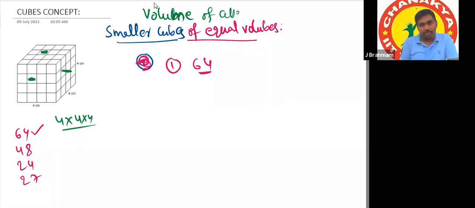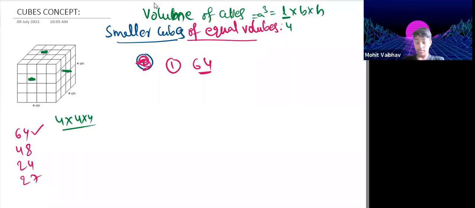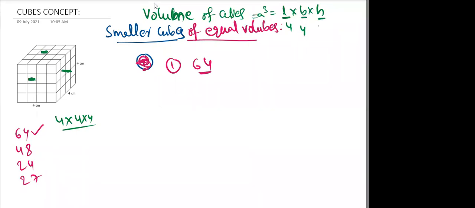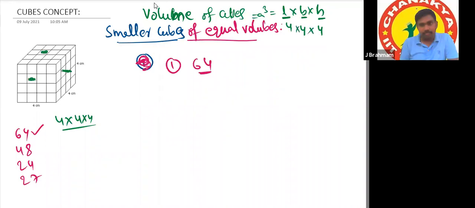Suppose I take it as a cuboid, length into breadth into height. Lengthwise, how many pieces are there? 4 pieces. Breadthwise, 4 pieces. Heightwise also 4 pieces. That's why 4 into 4 into 4. That is 4 cube, nothing but 64.